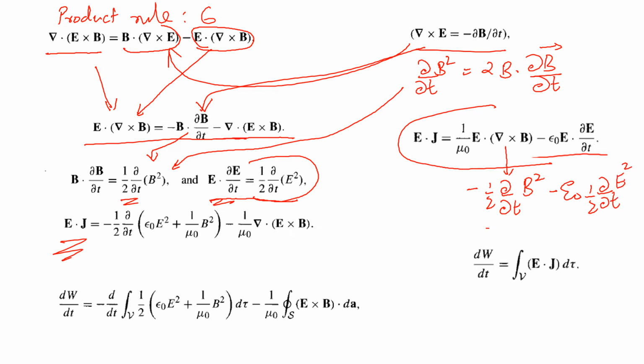So we can take the minus half constant outside dou by dou T of epsilon 0 E square plus 1 by mu 0 B square.